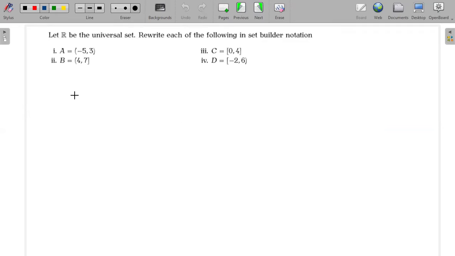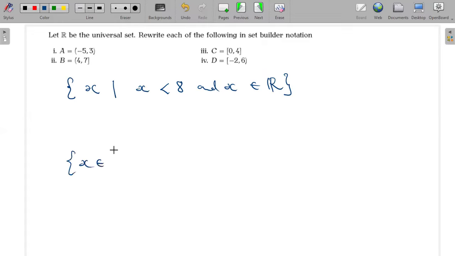Recall set builder notation is given in a general form where you have X, this curly bracket, then X, then the symbol such that, then maybe X less than 8, and X is a member of the real numbers. Sometimes you can even start with X is a member of the real numbers such that X is less than 8.